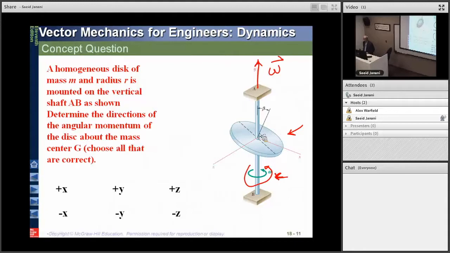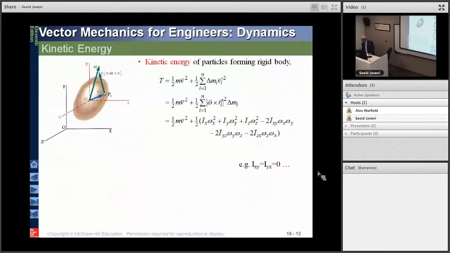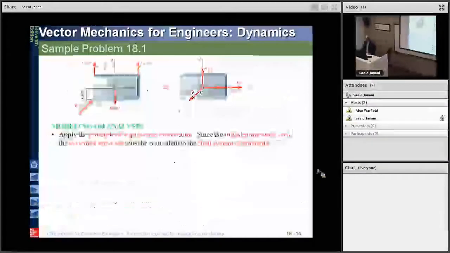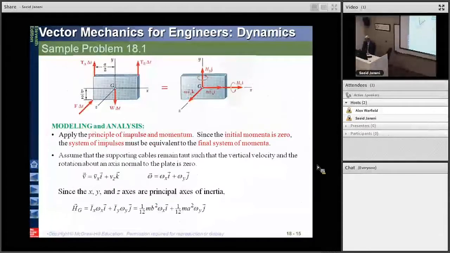In other words, if your angular momentum is aligned with your angular velocity vector, then h is parallel to omega. Let me show you one.